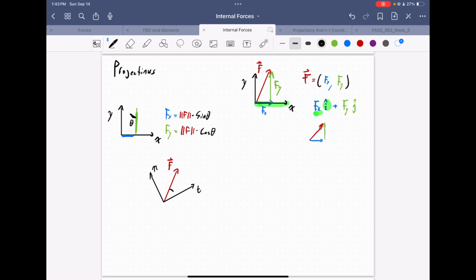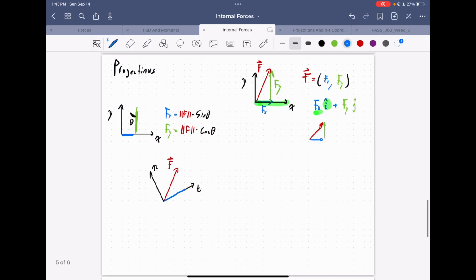We just need to find an angle here or an angle here, one of the others, and that will allow us to find the adjacent edge and the opposite edge, and that makes our right triangle. So everything is triangles, and now rather than projecting onto the x, we're projecting onto the t, and then the y onto the n.